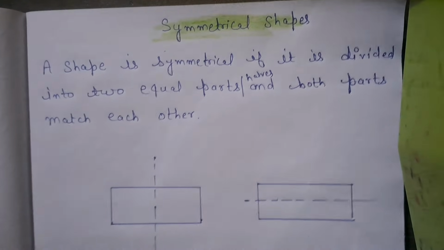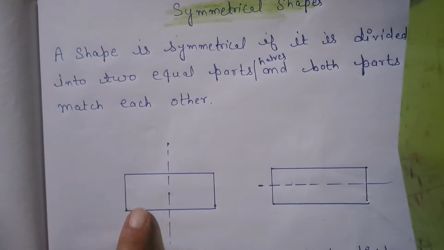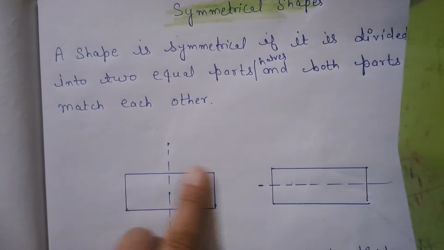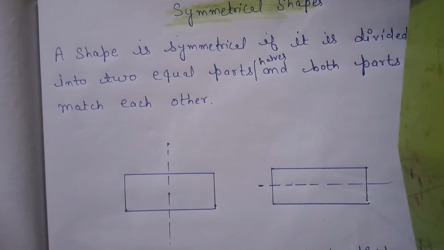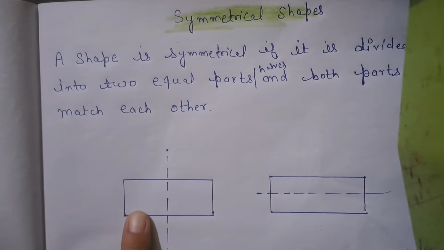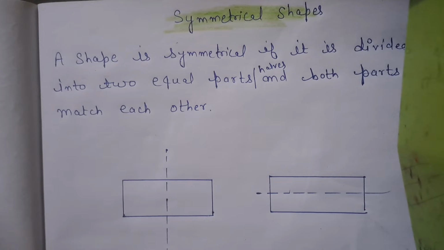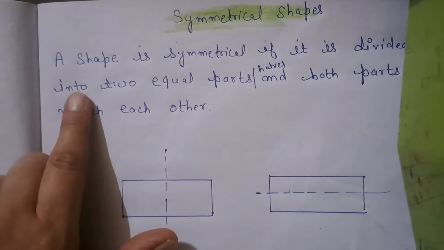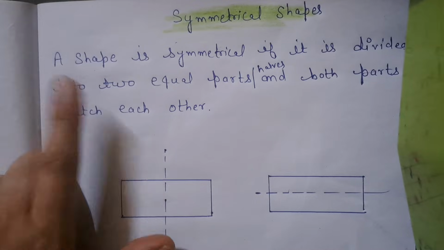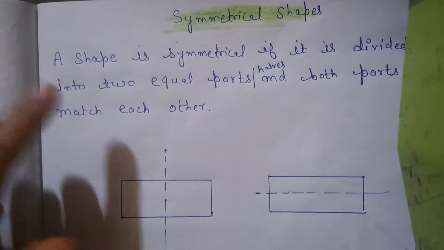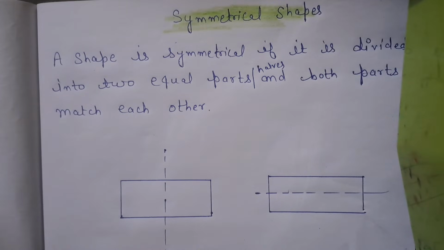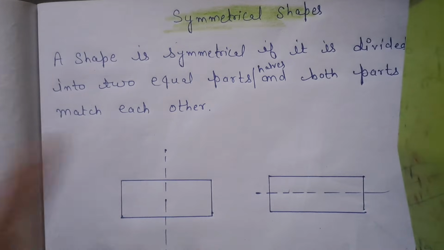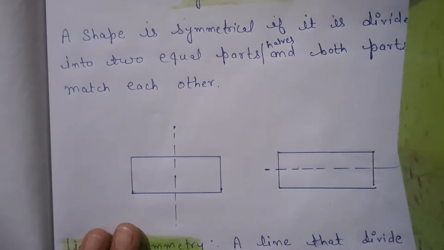Let's take an example. This is a rectangle. Now let's find out whether it is a symmetrical shape or not. First, what does its definition say? Its definition says that when we divide the figure into two equal parts and both parts are the same in size, then we can say that this is a symmetrical shape. So let's check.